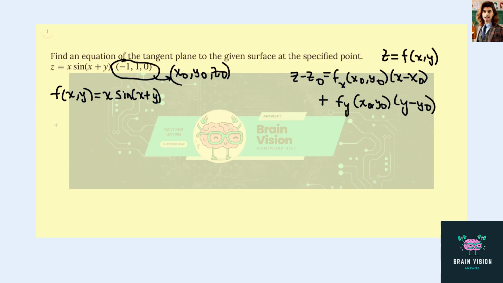So we can see based on the formula, we'll need those partial derivatives. So let's go ahead and evaluate those. Differentiate with respect to x. We see x appears in both factors, so we'll go ahead and use the product rule.